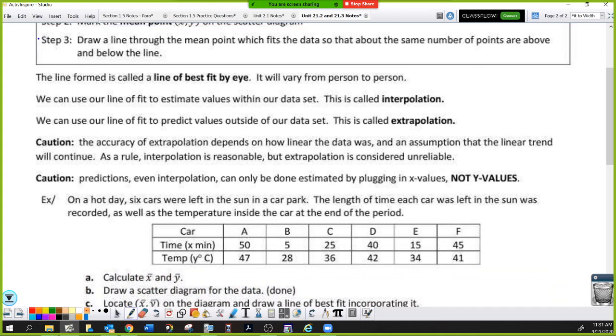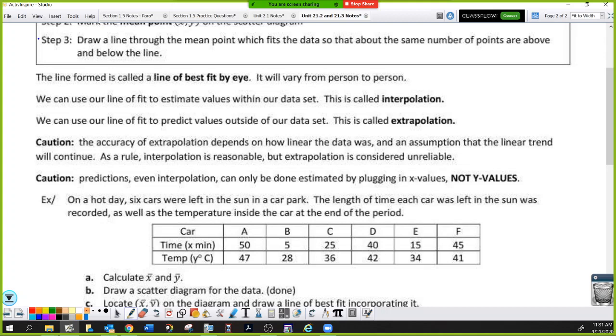So we can use our line of fit by eye to estimate values that are within the data set. As long as you plug in an x that's within the range of your data set, you can use your line of fit to estimate a y value. This is called interpolation.